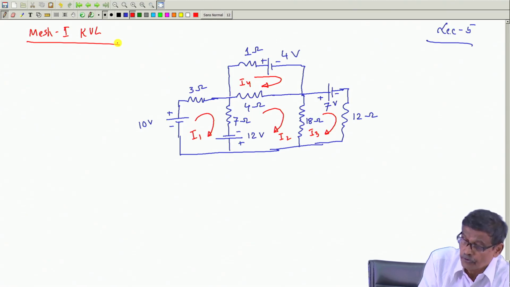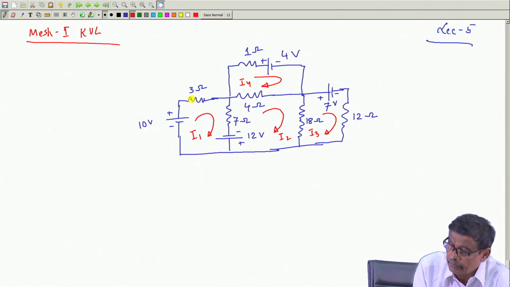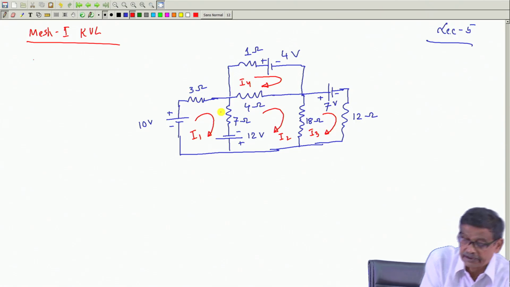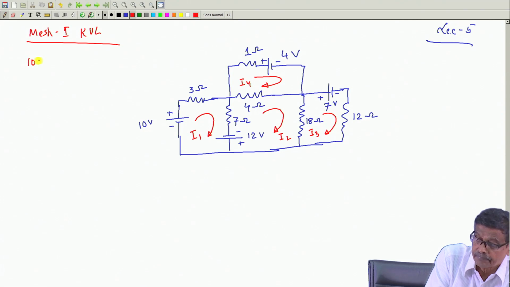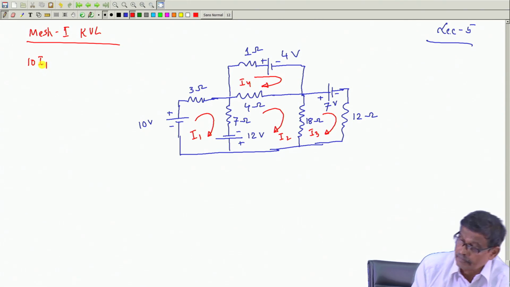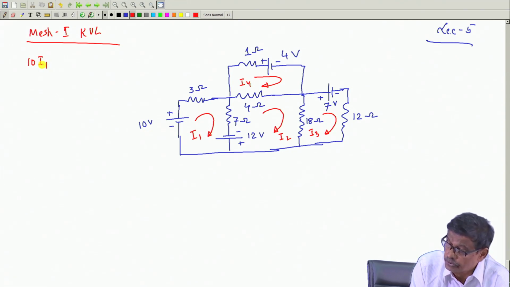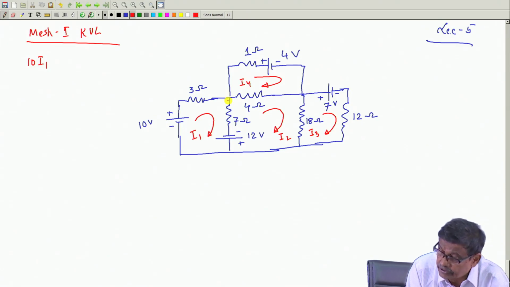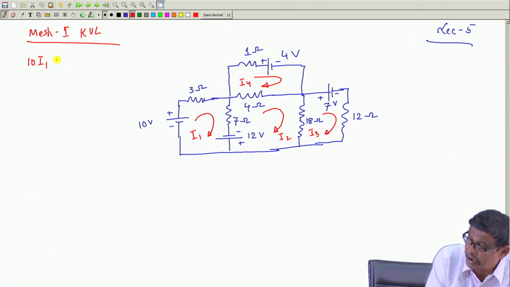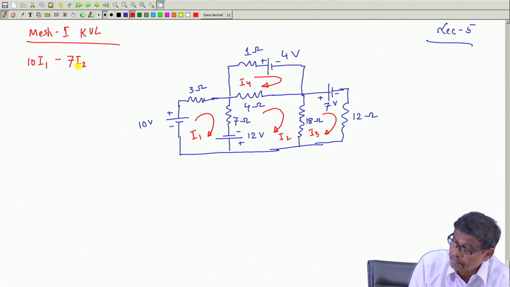What I will do is, the coefficient of I 1 will be the sum of all the resistances present here, 3 plus 7, 10 I 1. Coefficient of I 2, will it exist? Yes, there is a common resistance between these two, 7. So, minus 7 I 2.